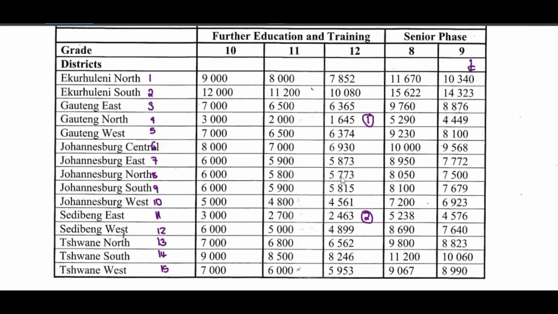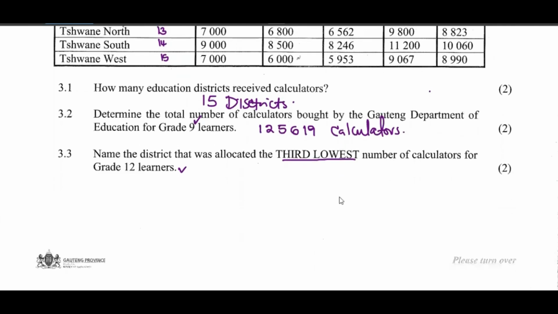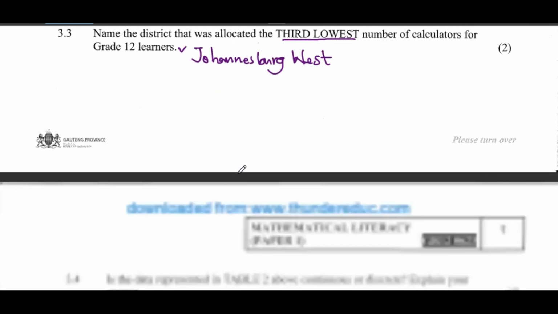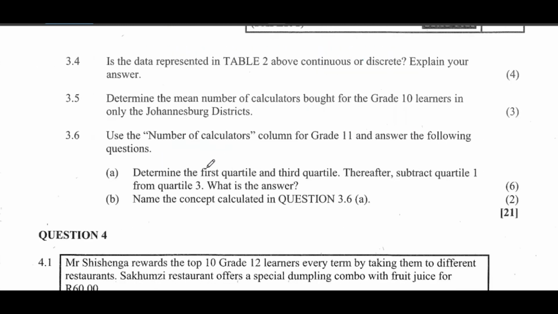So we have 4,000. Here we have 4,899 and 4,561. So we shall say the answer here became Johannesburg West with the third lowest number of calculators.